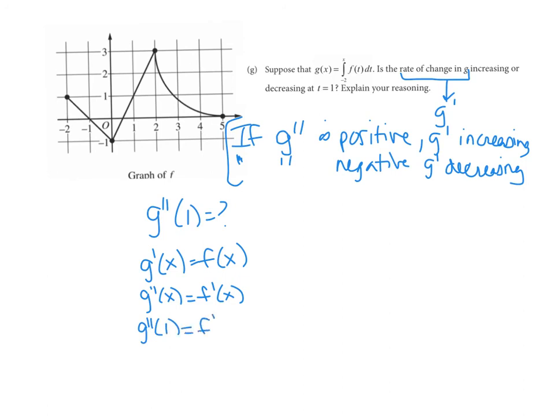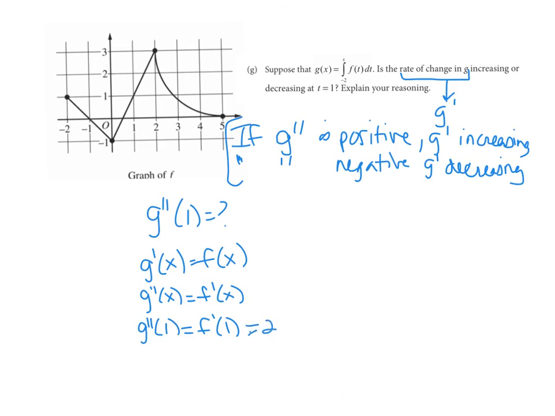And so then what we're going to do is look at the derivative at x equals 1, and I think I actually just mentioned this in the last problem. F prime of 1 is going to be the slope of the tangent line at 1. Since it's just a line, it's going to be the slope of that line, which is going to be 2.